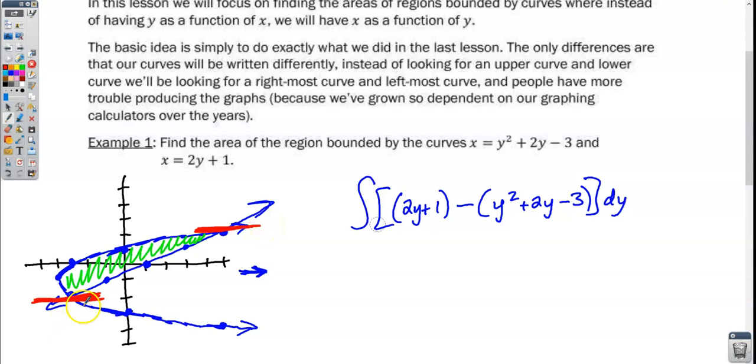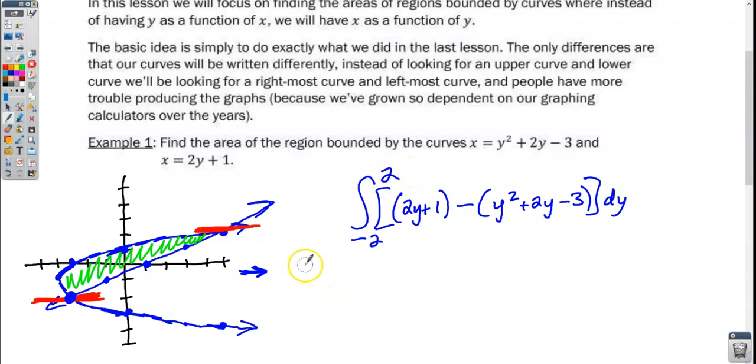And these limits of integration are going to be y coordinates. So first off, I want the y coordinate of the point of intersection that's at the bottom of the region. That's -2. And then I want the y coordinate of the point that's at the top of the region. That's +2. And there's my setup.